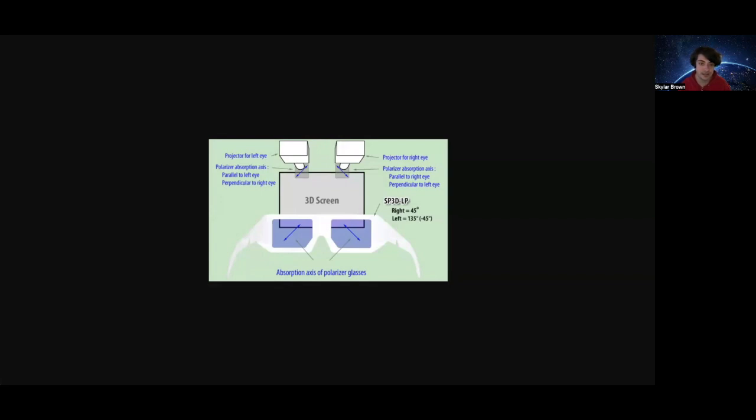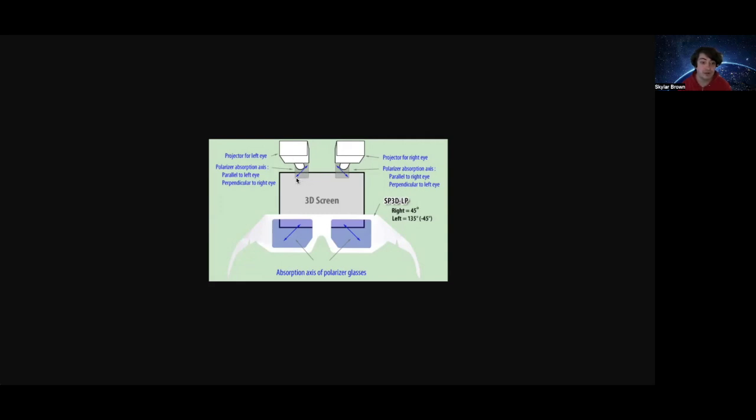So the way polarized 3D works is you have an absorption axis of polarizer glasses, and the axis is at a 45-degree angle on the right, and pretty much the opposite, negative 45 degrees on the left. And when you set up the projectors, you set up the projectors in the same way.